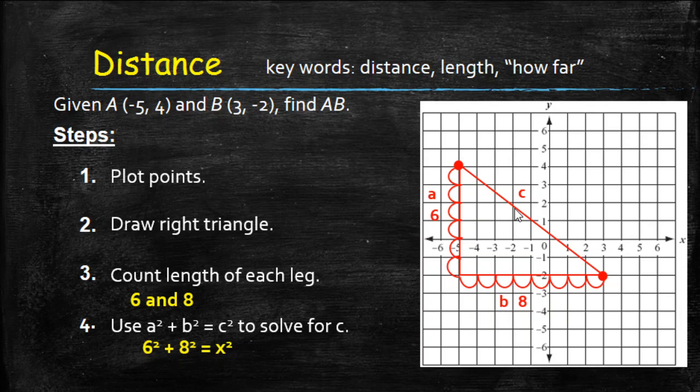That's going to be x, because I don't know that value. A and b can be either side. I usually make a the smallest, so I replace a with 6 and b with 8. 6 squared plus 8 squared equals x squared. I plug it in Desmos to solve, and I get back that x equals 10. So the length of AB is 10.